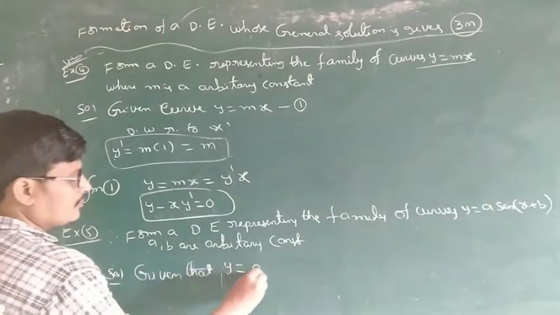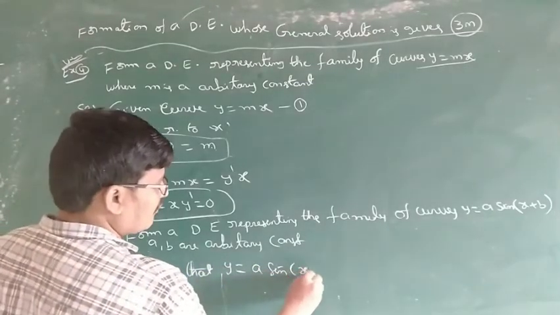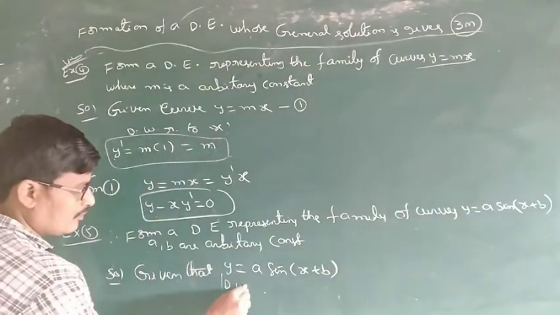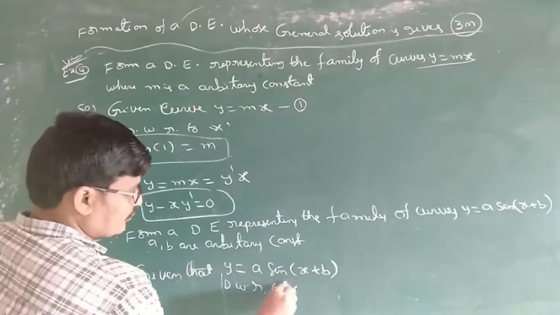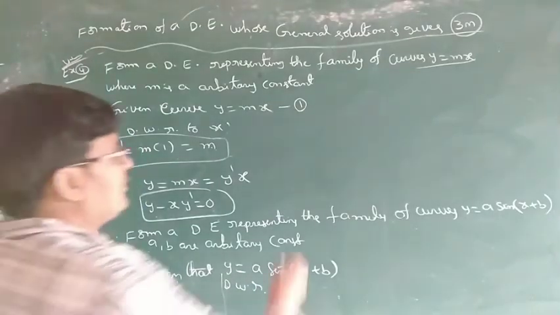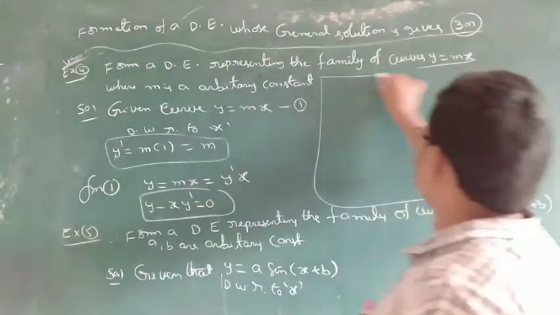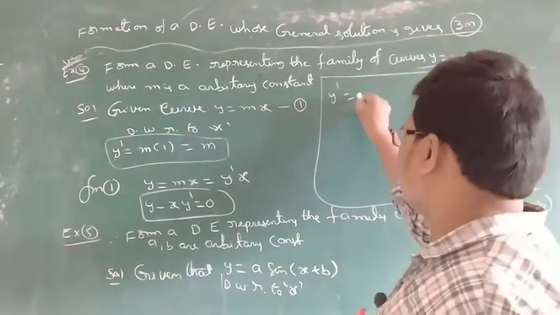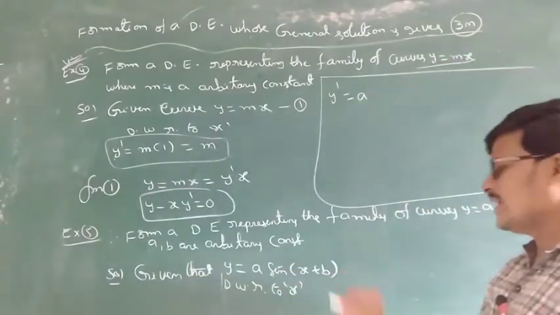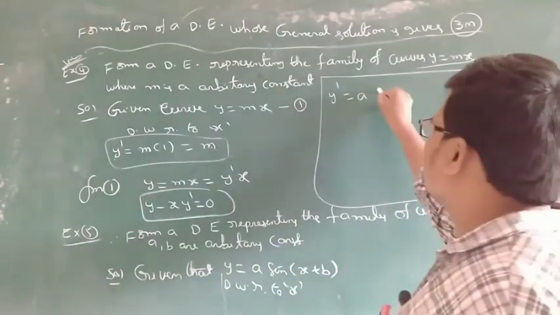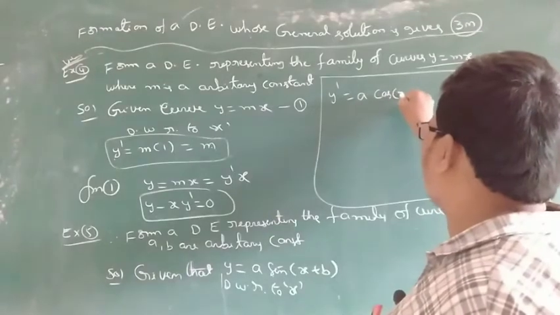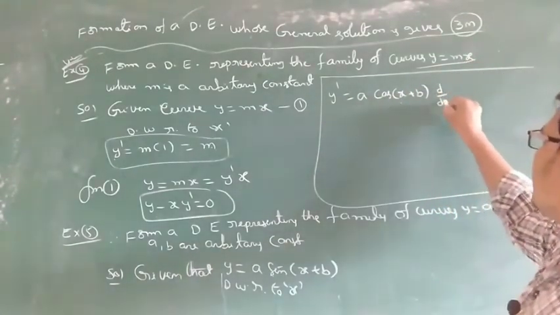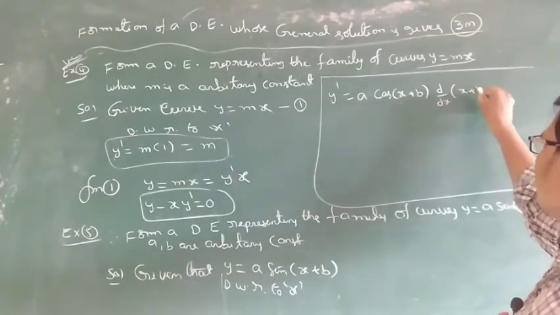Solution: given that y is equal to a into sine of x plus b. Derivative with respect to x. y dash, a is constant, derivative of sine is cos, so cos of x plus b into derivative of x plus b.